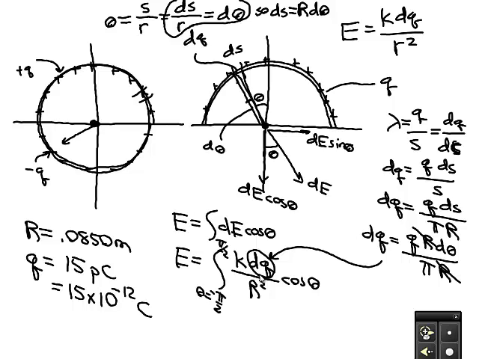Is k a constant? Obviously. Is q a constant? The total charge. Total charge is a constant. Is pi a constant? Obviously. Is r a constant? The radius of our half circle. So we can pull everything out but the cosine of theta and d theta. What's the integral of the cosine of theta? Sine of theta. Okay. And then you can evaluate it between those two angles.